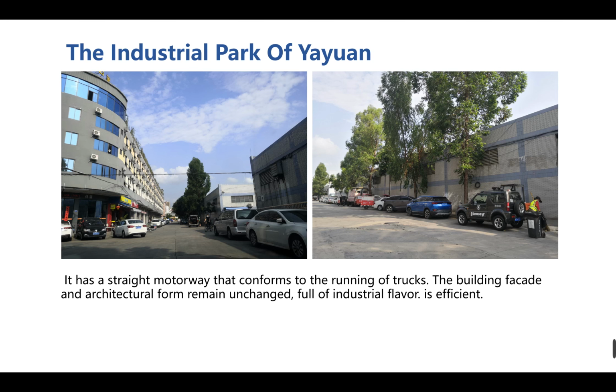The building facades and architectural forms remain unchanged, full of industrial flavor. It is efficient, but it ignores the feeling of people in the space. It can only carry the necessary activities of society.